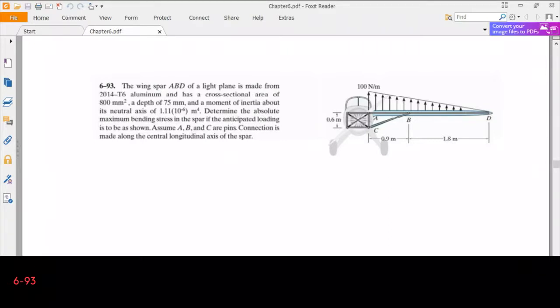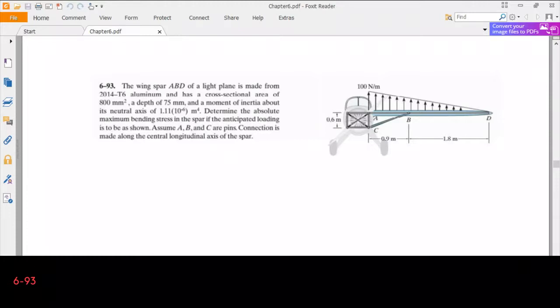Okay, our problem is 693. The wing spar ABD of a light plane is made from 2014 T6 aluminum and has a cross-sectional area of 800 mm square, a depth of 75 mm, and a moment of inertia about its neutral axis of 1.11 10 to the power minus 6 meter to the power 4.